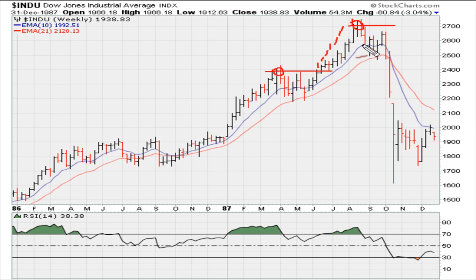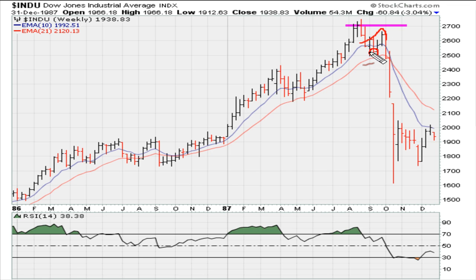Now, there was an attempt here to come close to this level, the breakout point, that failed. So we can say, for the purpose of education, it never got back as high as the breakout level of 2,700. It fails to capture the new high and then comes down.